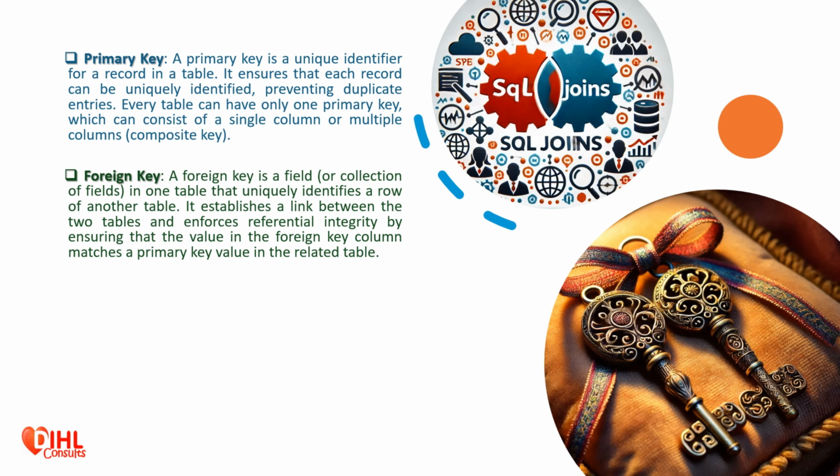A foreign key is a field or collection of fields in one table that uniquely identifies a row of another table. It establishes a link between the two tables and enforces referential integrity by ensuring that the value in the foreign key column matches a primary key value in the related table.